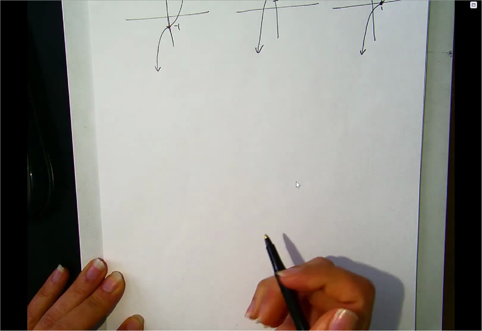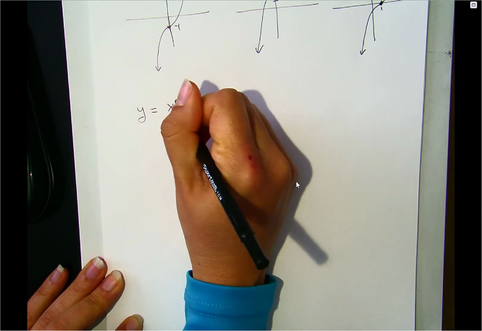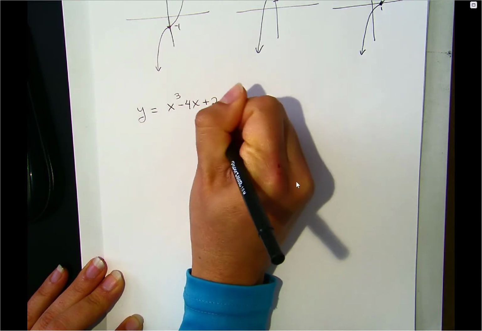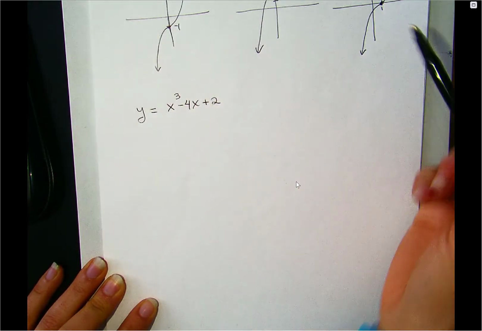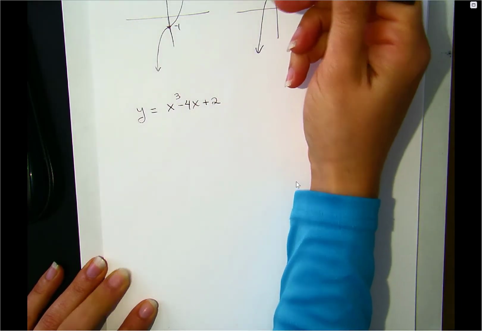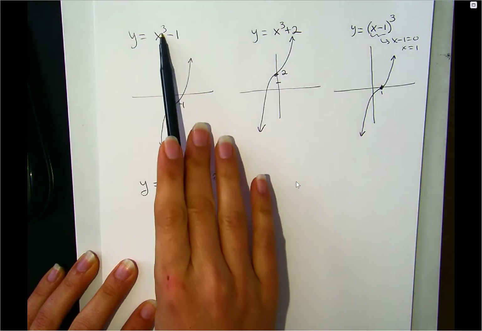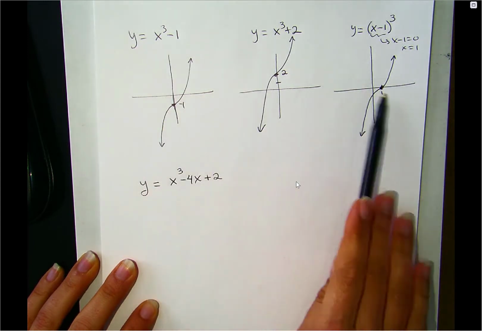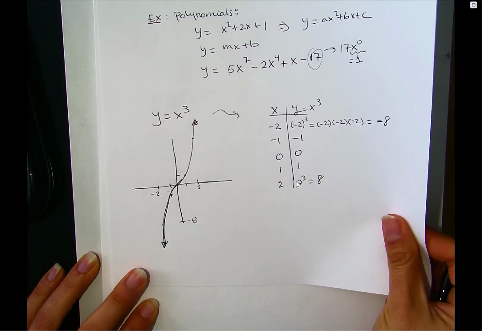So for example, say I wanted to know what y equals x cubed minus 4x plus 2 is going to look like. Now this doesn't look like any of those. If I just have x cubed and a constant, then I can say, well, this is just a shift, either a vertical shift or a horizontal shift on the parent graph, the John Travolta function.